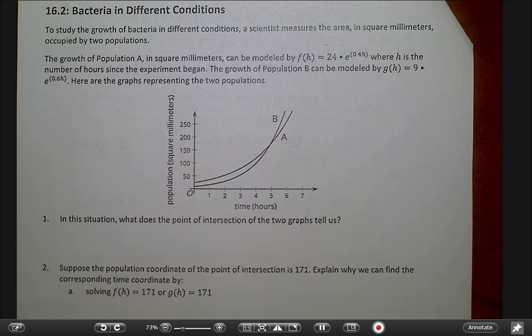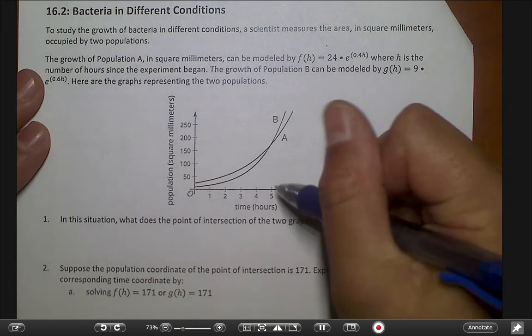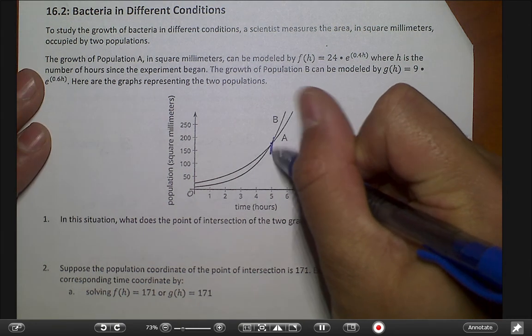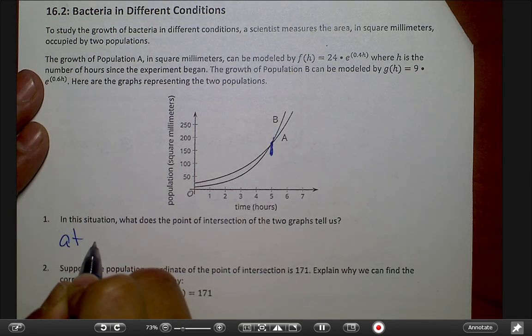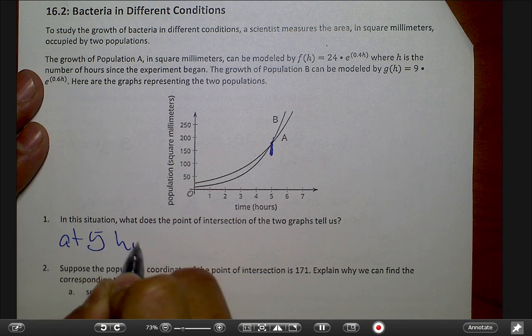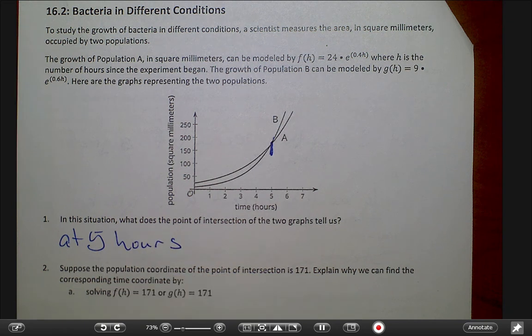In this situation, what does the point of intersection of the two graphs tell us? In this particular situation. Okay, F5. F5, what? F5 hours what?